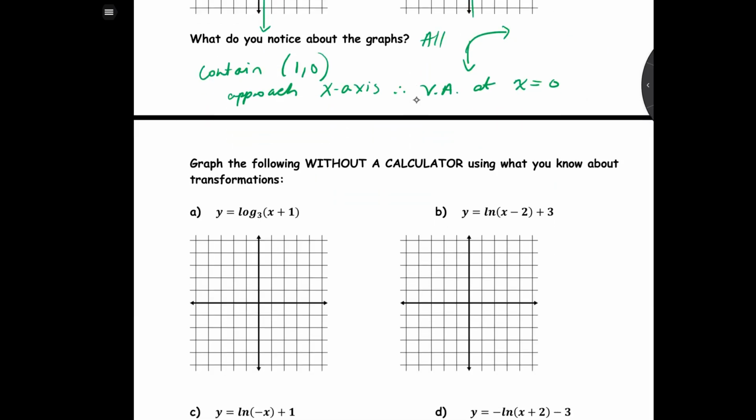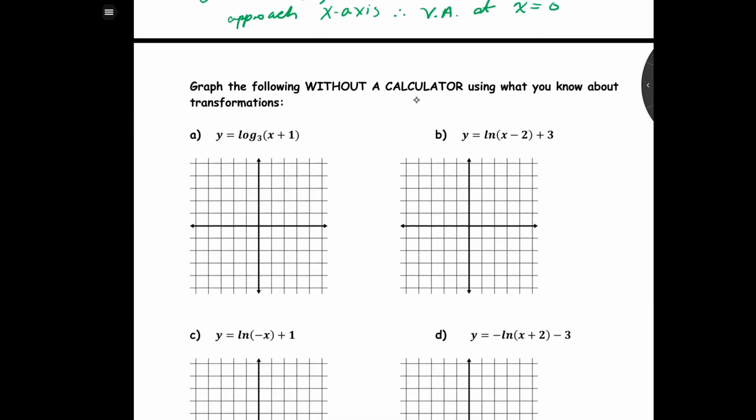All right, last but not least, let's sketch. I meant to cross this word off and just say sketch. Graph means accurate, sketch means just the generic shape. So sketch the following without a calculator using what you know about transformations: log base 3 of (x + 1). How would that move the graph?